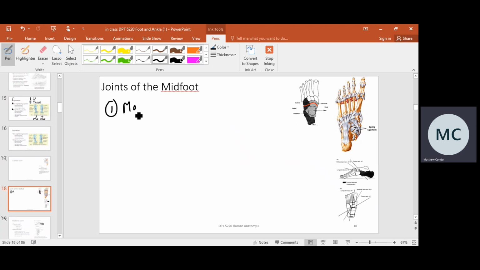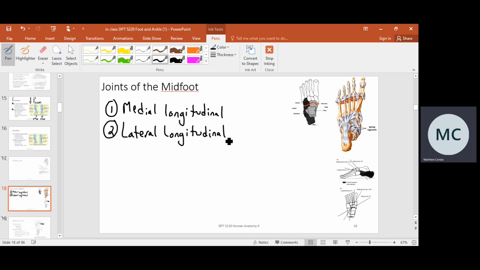Okay, we're going to have the medial longitudinal arch. We're also going to have a lateral longitudinal arch. And then we're going to have another arch called the transverse metatarsal arch.